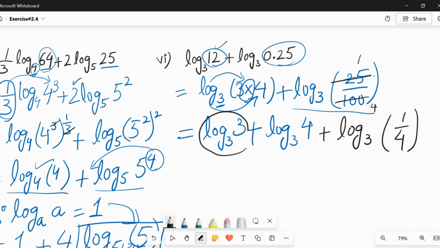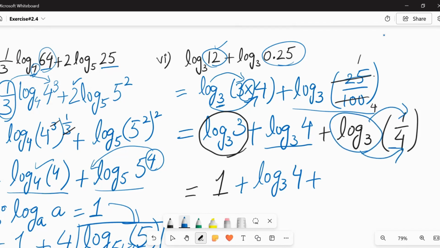Now look here, we have found this property many times, in almost all the previous questions we applied it. So here what can I directly put, 1. Yes, you are right. And here we can't do much, so we can just write it as it is. Now there is another division property of a log, and we will shift it by writing this log with 1 and also with 4, and this division sign will change into a negative sign, right? So let me just write it over here, log base 3 of 1, and this division sign will change into a minus, and we'll write this log with 4 also.